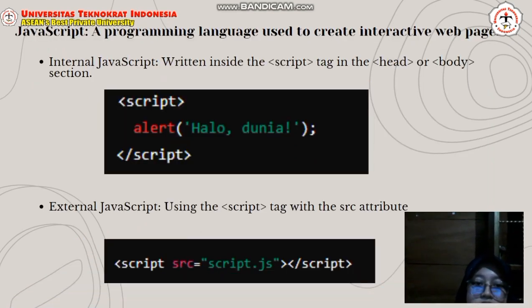JavaScript is a programming language used to script interactive web pages. Internal JavaScript is written inside the script tag in the head or body section, for example alert Halo dunia. External JavaScript uses the script tag with the src attribute.